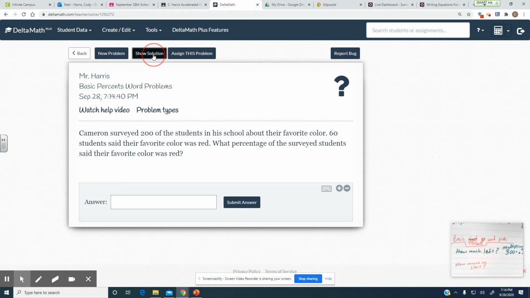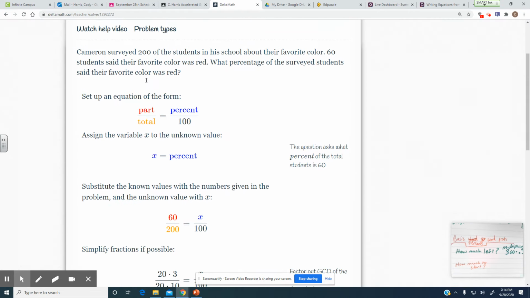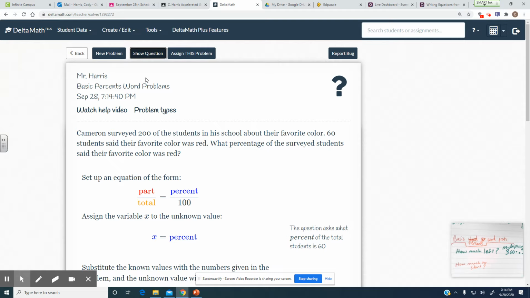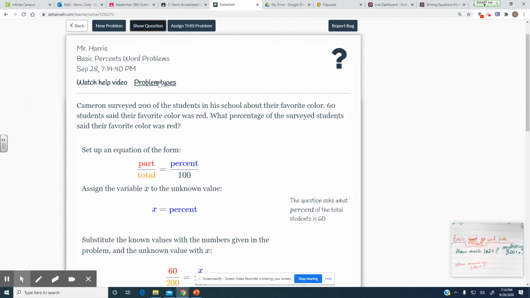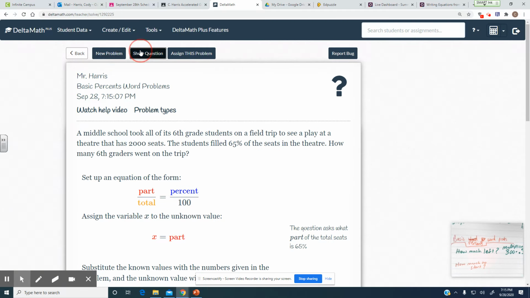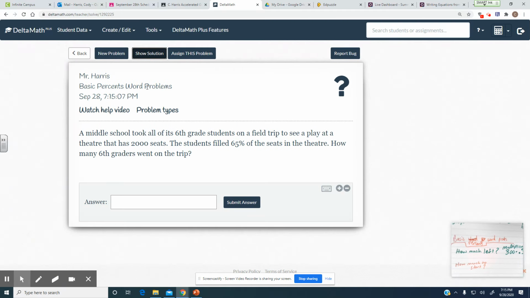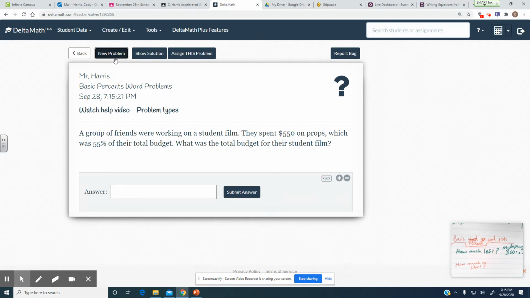So this one is kind of going to be what we're talking about with dealing with part over total and percent over total. That's not exactly what I was looking for. Let's see. No, that's another one where you just multiply and see how much you have left.